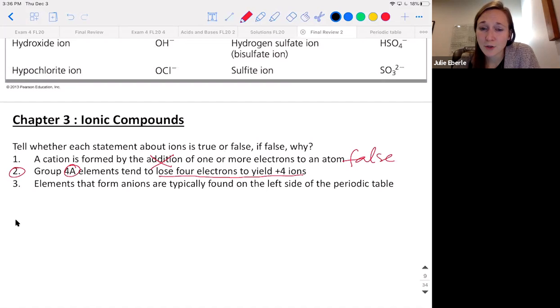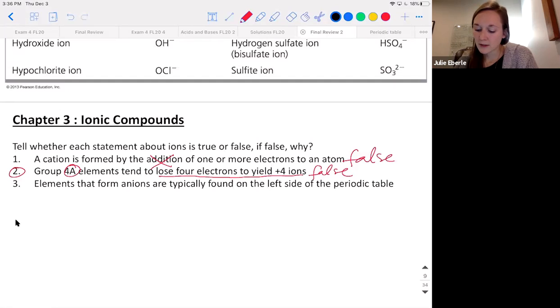And they don't like to give or trade that many electrons anyways. You can have up to like a -3. I'm not saying carbon can never be an ion, but you don't commonly see it. So this one is going to be false because they don't participate in ionic compounds. They are in covalently bonded compounds. They like to share their electrons because it's a lot of work to give away or receive 4.